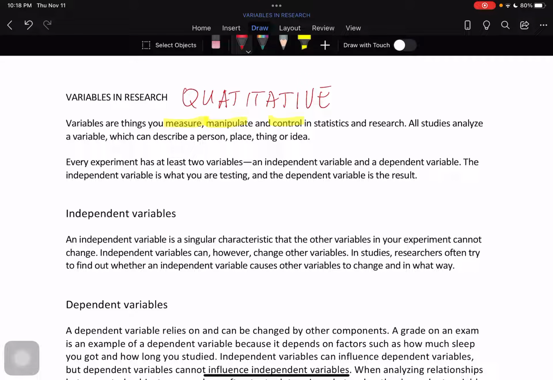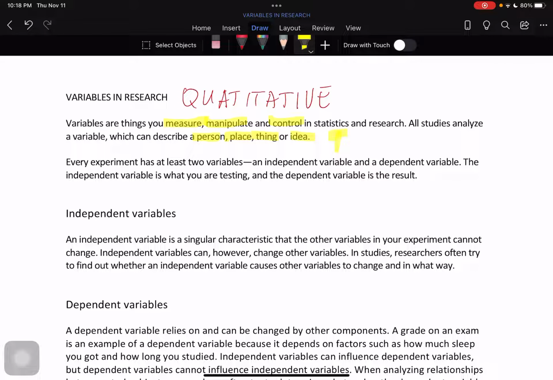To continue, all studies analyze variables, which can take the form of a person, a place, a thing, or an idea. Take note, because this will be very crucial when identifying the different variables in your research, specifically in your research title.